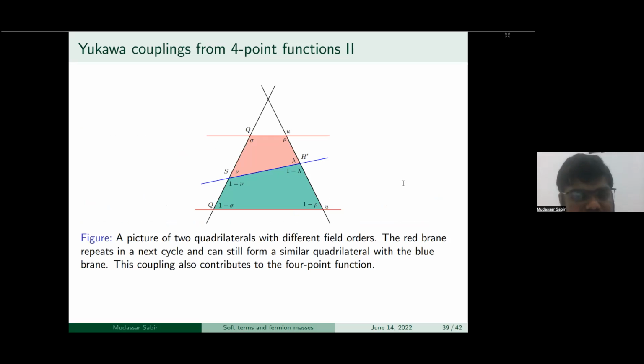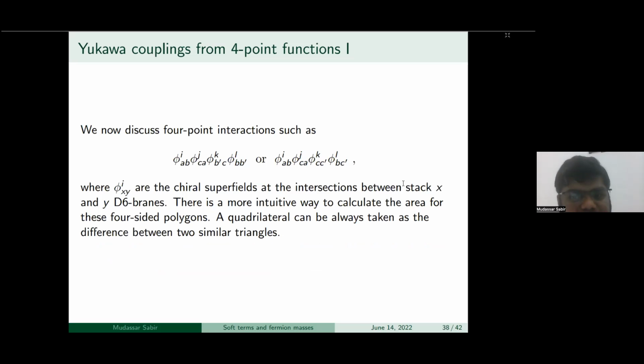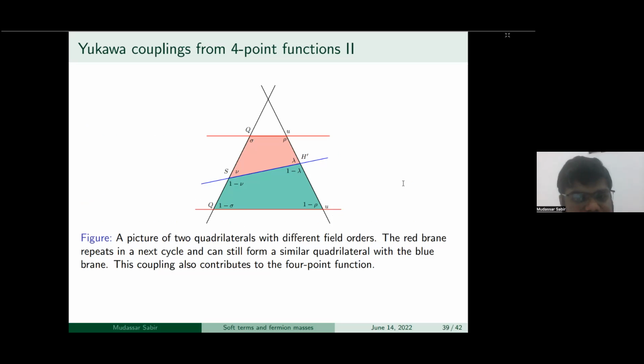So to compute the 4-point functions, we can just use similar techniques as we use for the 3-point functions, because in the 3-point functions we were calculating the area of triangles. Since a quadrilateral can always be taken as the difference between two similar triangles, we can employ the similar technique, so our calculations will be simpler.